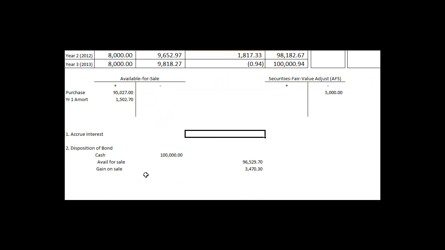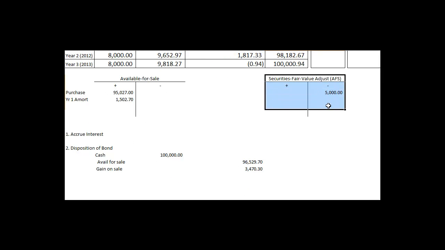Now, that's only half of this transaction, because when I sell this bond, I'm assuming that's all I've got in my portfolio, I've got to do something with the securities fair value adjustment valuation account that's sitting over here. Logically, it's got to go away.